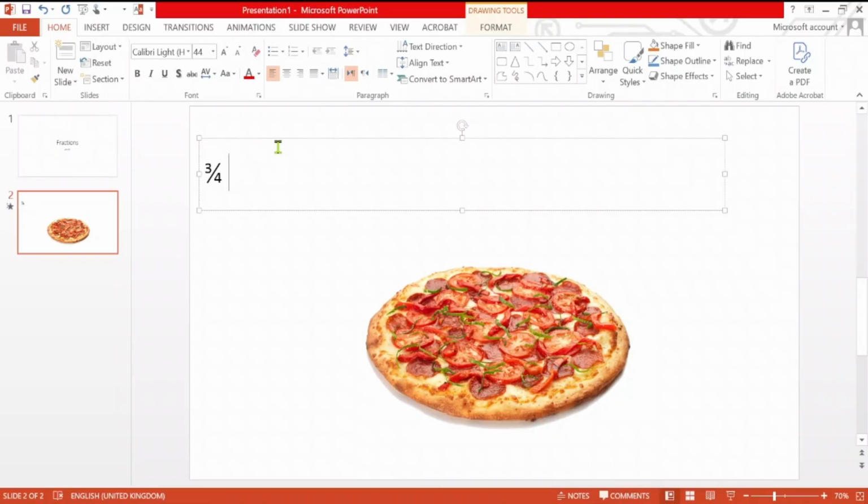Mixed numbers combine a whole number and a fraction. So like I told you, 5 halves is a mixed fraction.